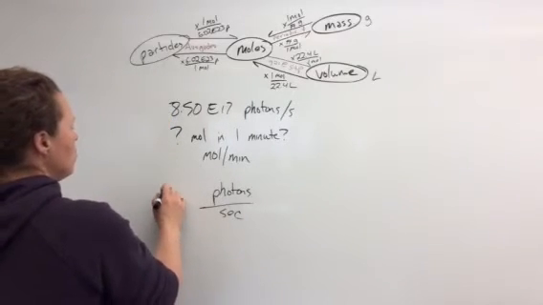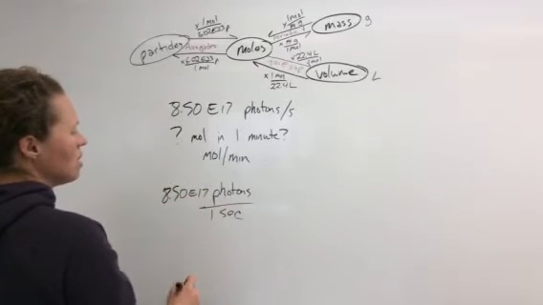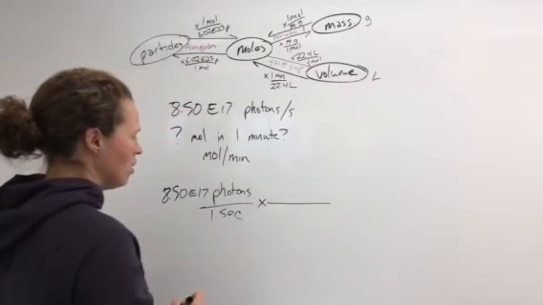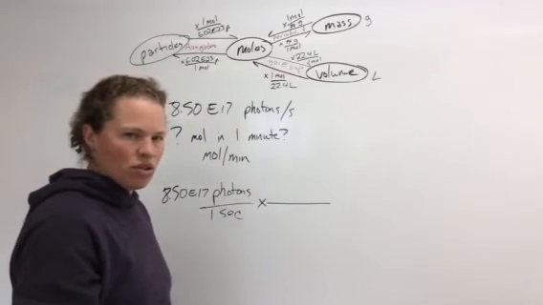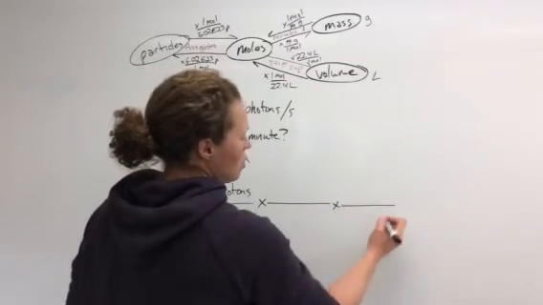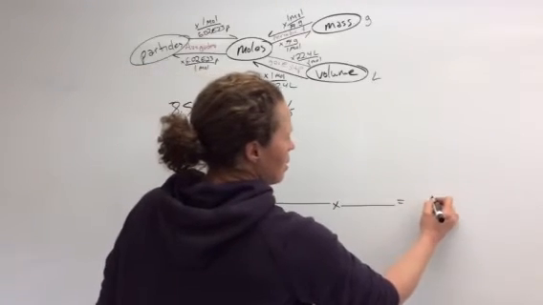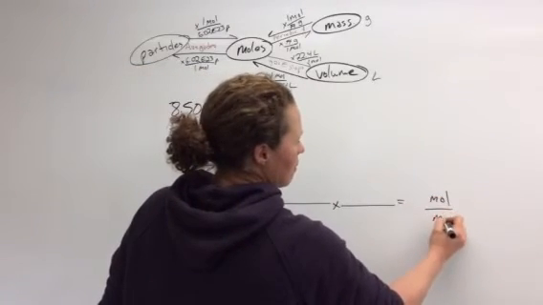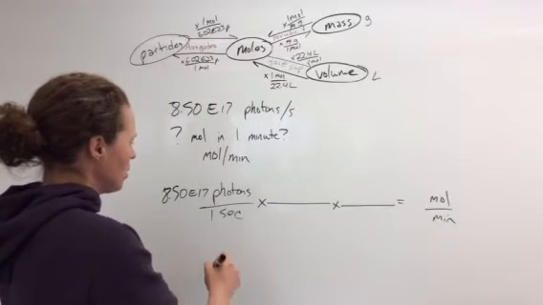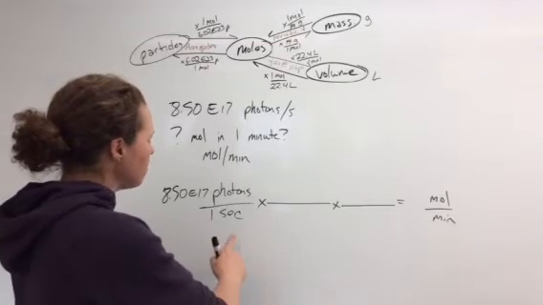I've got 8.50 E17 photons in 1 second, and I want to multiply that. And it doesn't really matter which one I choose to change first, but I'm going to have to change two things in order to get to the moles per minute that I want in my answer. So I'm going to change the seconds and minutes because that's just who I am.